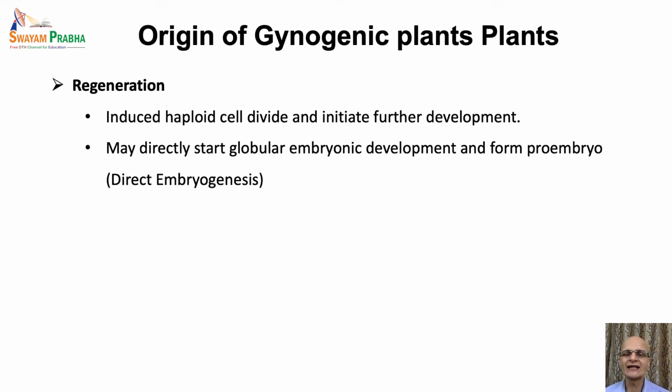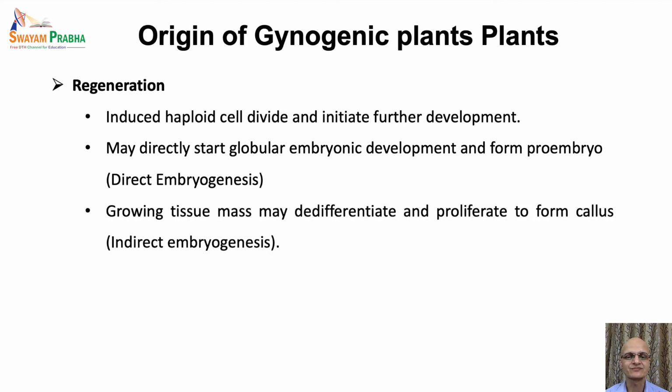So after gaining the induction, the egg cell divides and may directly start the globular embryonic development that results in the formation of proembryo, and this type of development where the cells divide and directly form the proembryo is called direct embryogenesis.